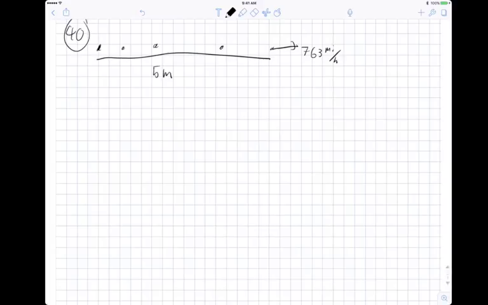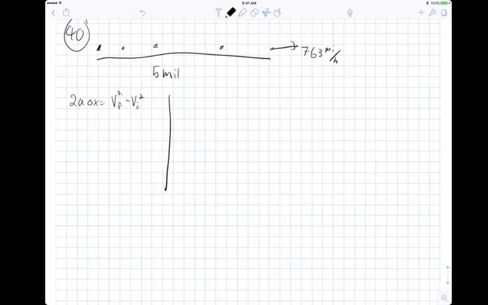So, how do you do this? Literally the same way as we did the other one. We can go 2a delta x is equal to v squared final minus v initial squared.